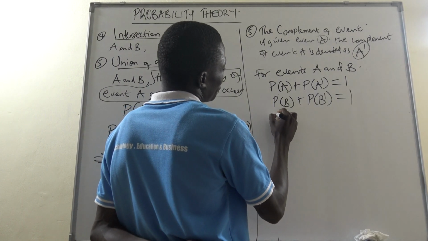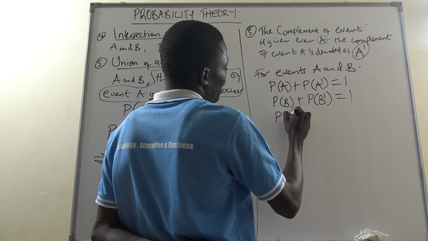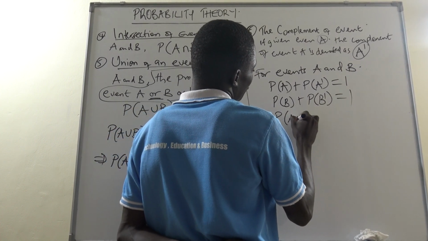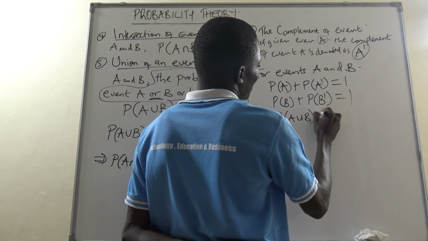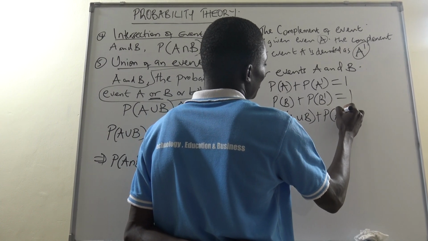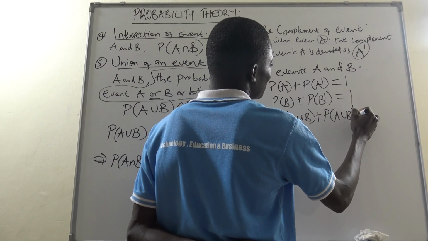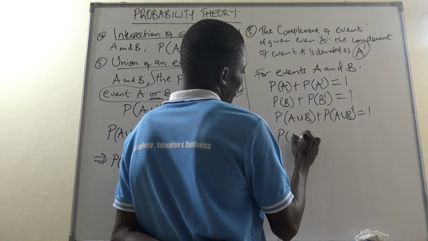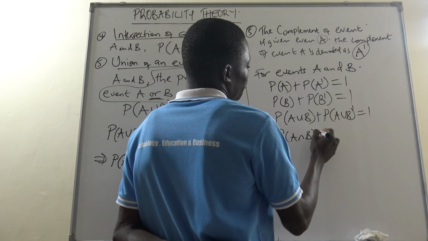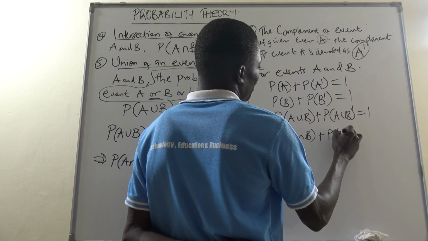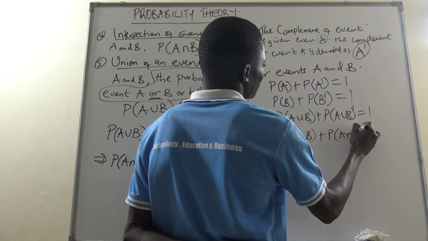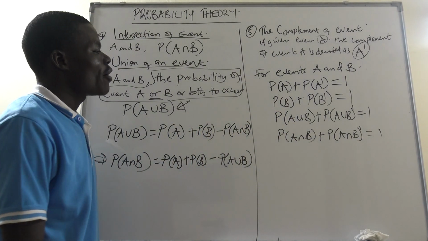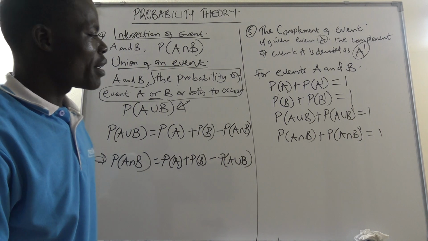Then the probability of A union B plus the probability of the complement of A union B gives you 1. Also, the probability of A intersection B plus the probability of the complement of A intersection B still gives you 1. So that's how we shall get these probabilities.